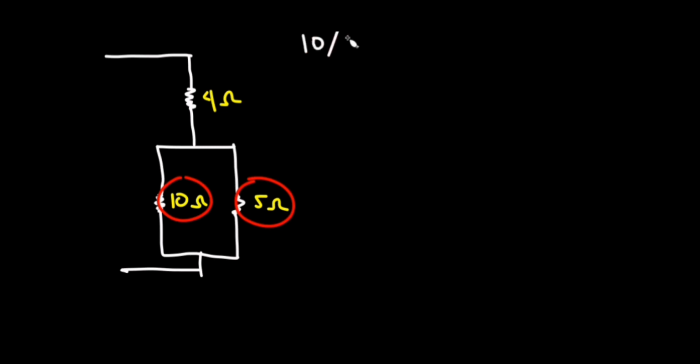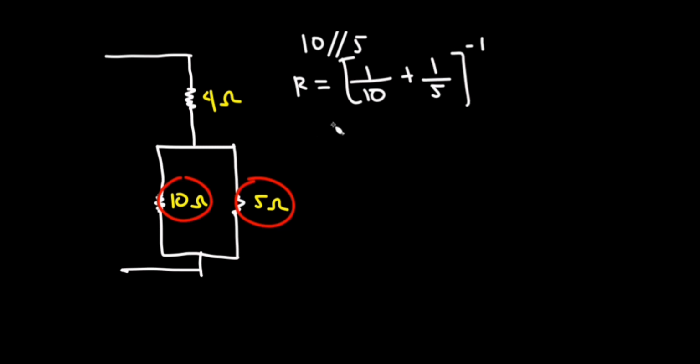Next example is a 4 ohm resistor in series connected with 10 ohm and 5 ohm resistors in parallel. In solving the combination circuit, we will check the circuit first to see which components we are going to solve. In this case, we are going to simplify the parallel circuit. So to find the equivalent resistance of 10 in parallel with 5, that will be (1 over 10 plus 1 over 5) raised to negative 1.